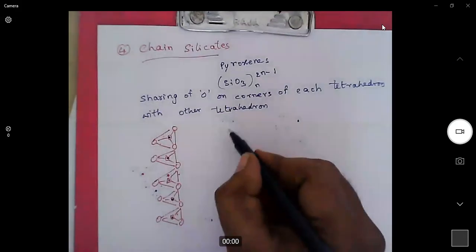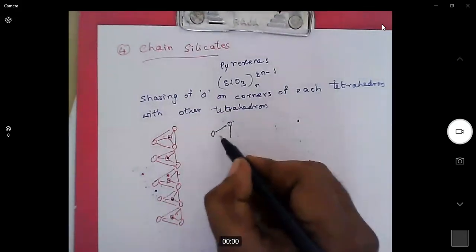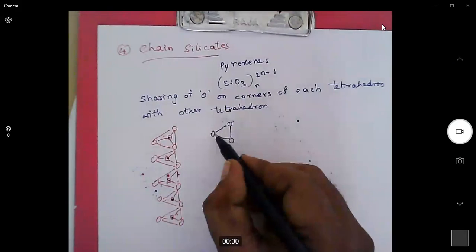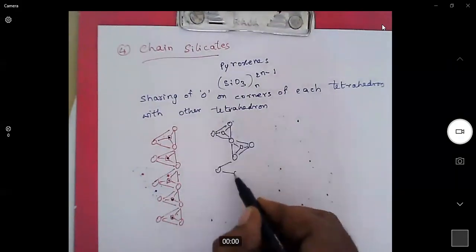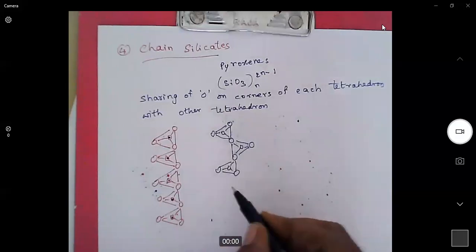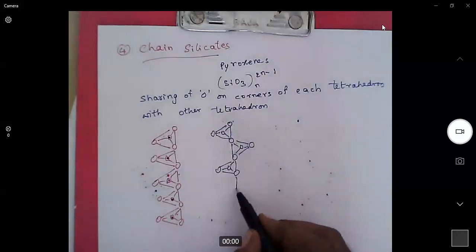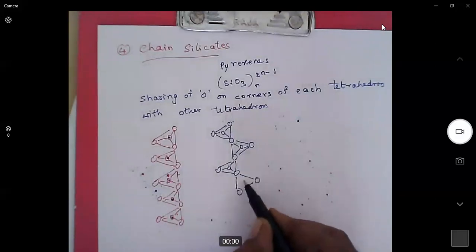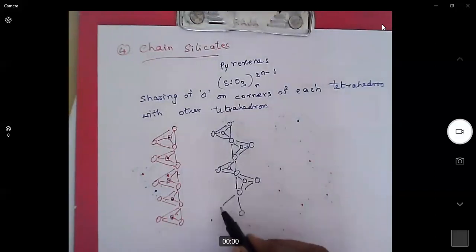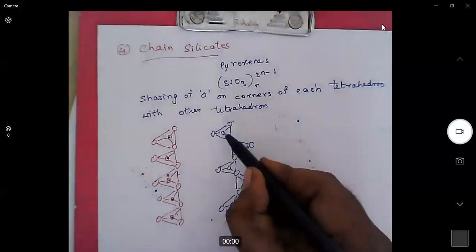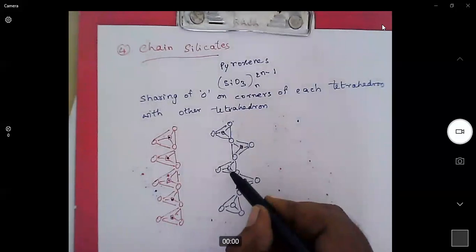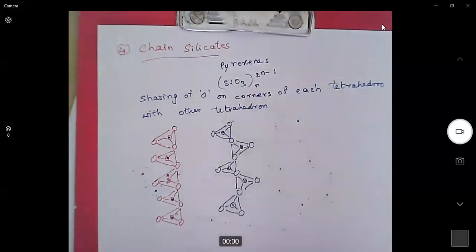We can also have silicates with the chain extending in both directions, like this. This chain is extended on both sides. And at the center, we have silicon, which is represented with a dot.